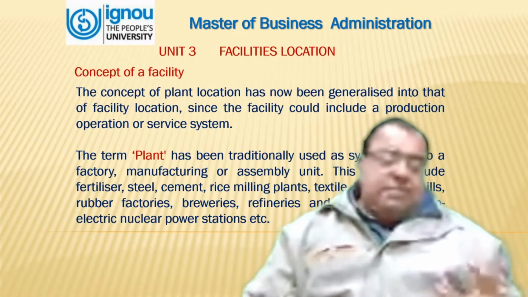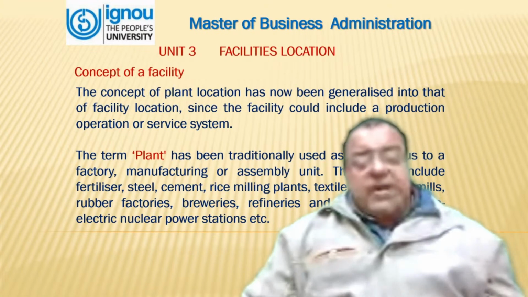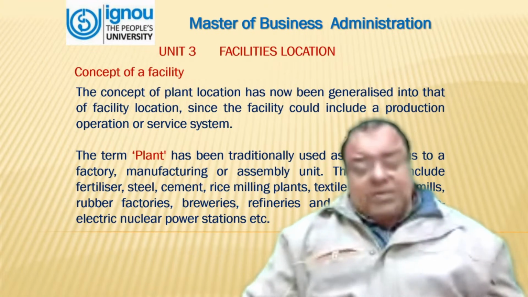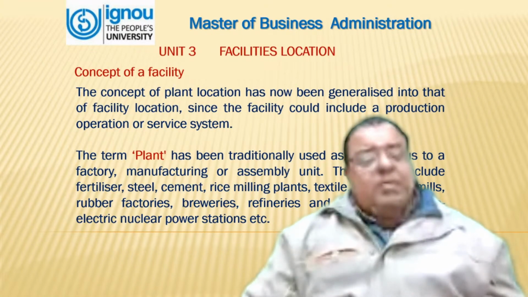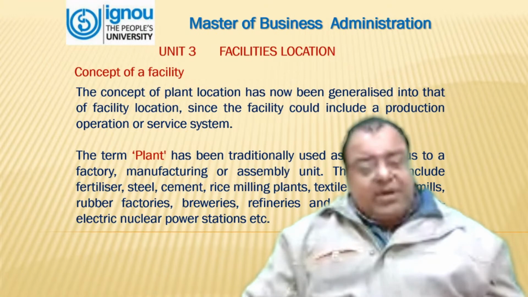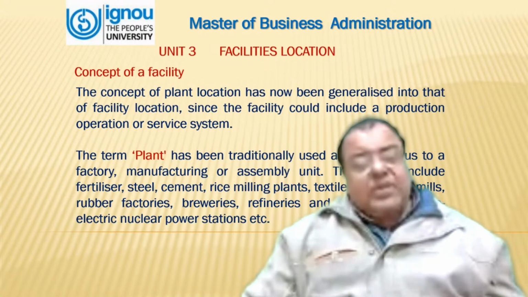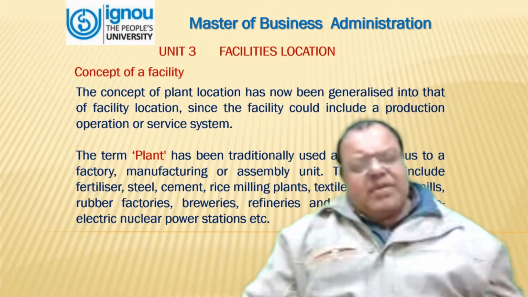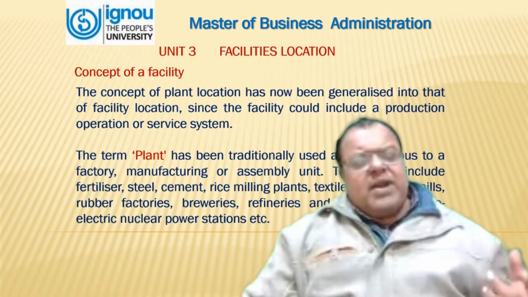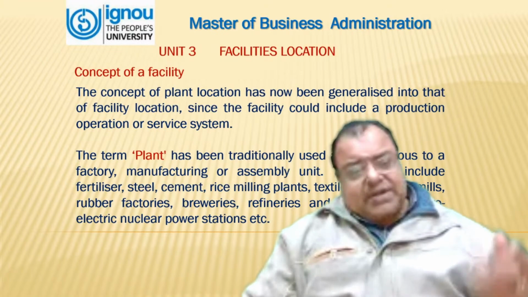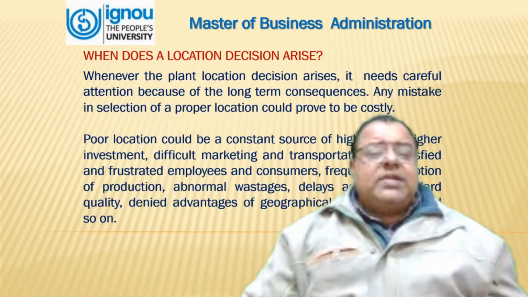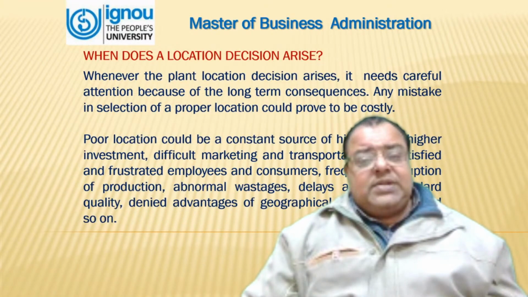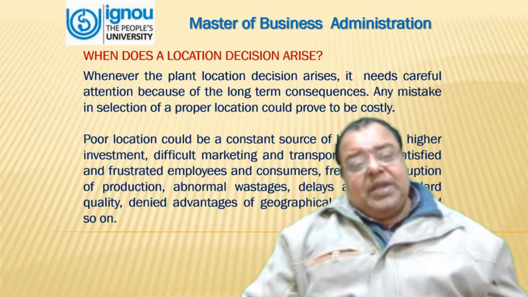The term plant has traditionally been used as synonymous with a factory, manufacturing, or assembly unit. This could include fertilizers, steel, cement, rice milling plants, textile, beverages, refineries, and thermal, hydroelectric, or nuclear power stations, etc. When does a location decision arise?